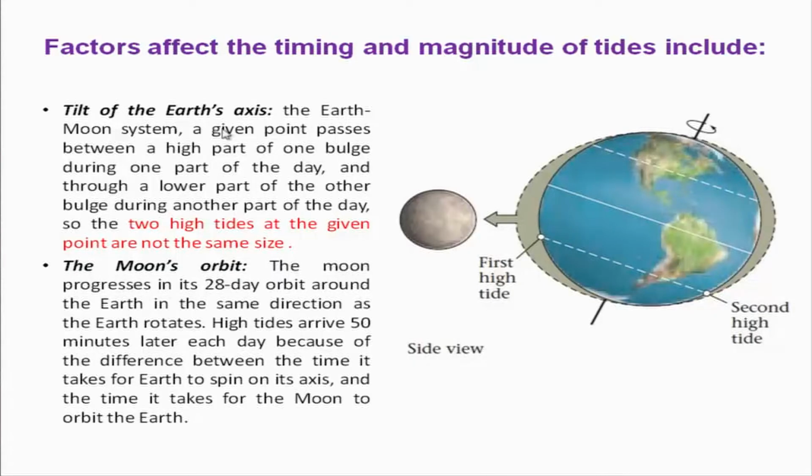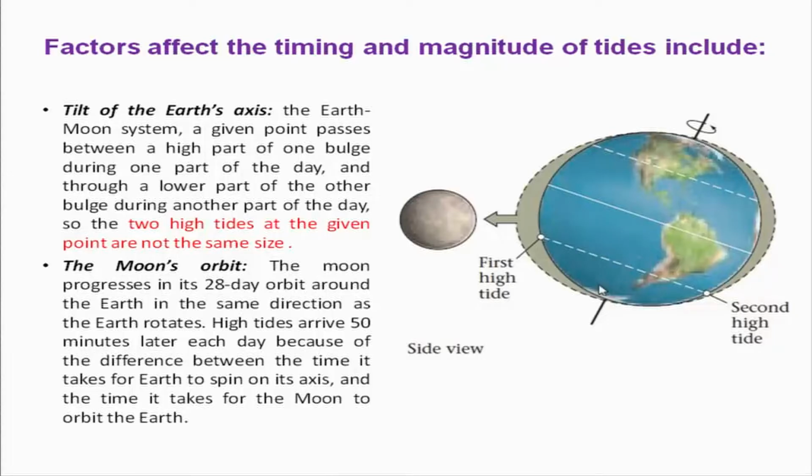So what it says is that in the earth and the moon system, a given point passes through a high part of one bulge during one part of the day and through a lower part of the other bulge during another part of the day. So this is what has been shown here. So one part of the day with respect to the bulge of the earth, whereas the second part of the day during another portion of the bulge here.